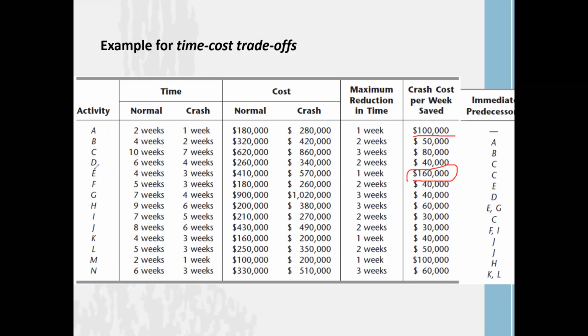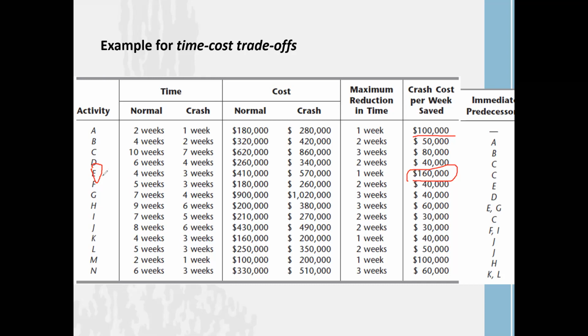Right? Now for an example, if you want to crash activity E by only 1 week, you have to incur an additional $160,000 for your project. Do you believe that it is worth it? No, it is some kind of critical decision you have to take. Right?